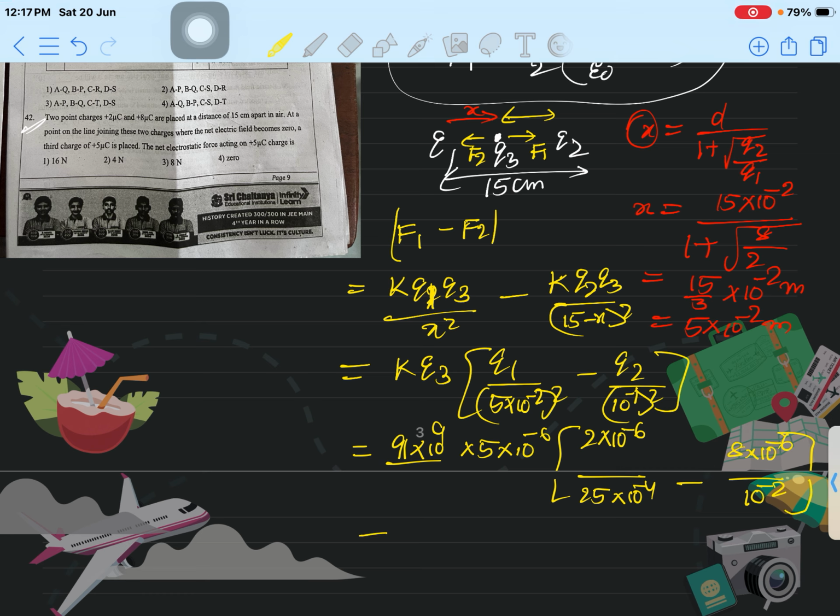So the answer will be, you calculate, you will get this answer. Let's do one thing, 9 into 5, 45, 10 power 9 into 10 power minus 6, 10 power 3, and this will be 10 power 2 by 25 into 10 power minus 2 minus 8 into 10 power minus 4, and somewhere we have made a mistake.